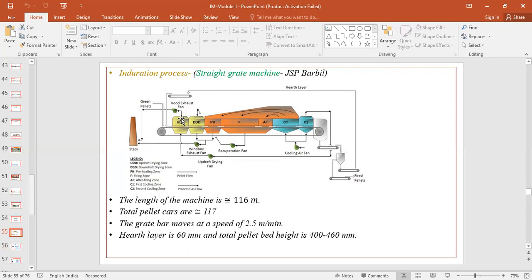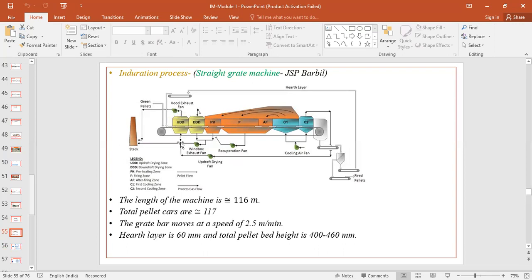The updraft drying zone is supplied from cooling zone 2. These arrow marks clearly show from where we are recovering the heat, and that heat is supplied to the updraft drying zone.